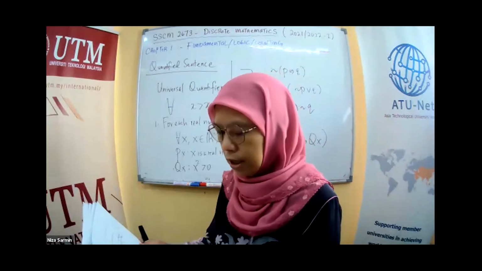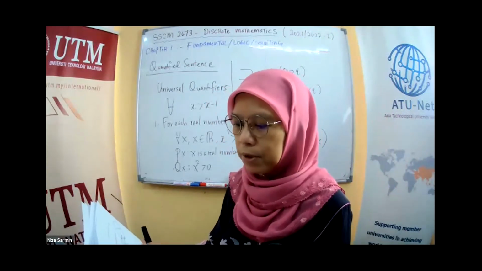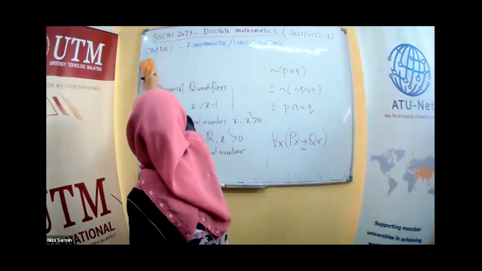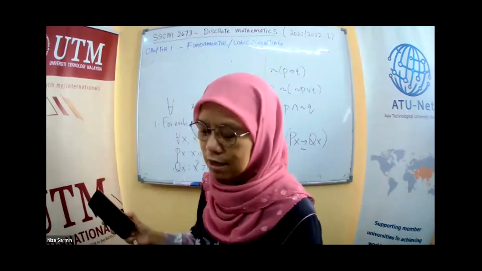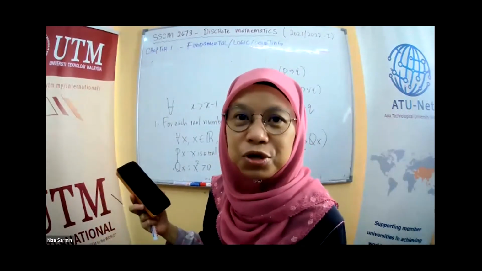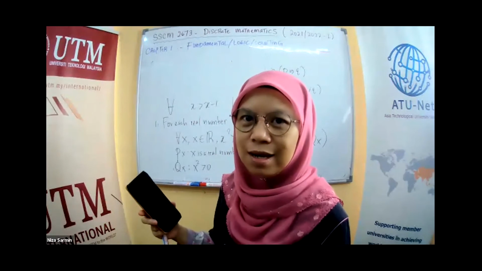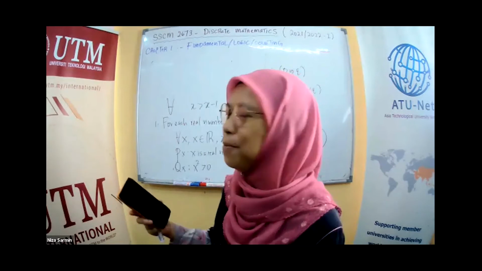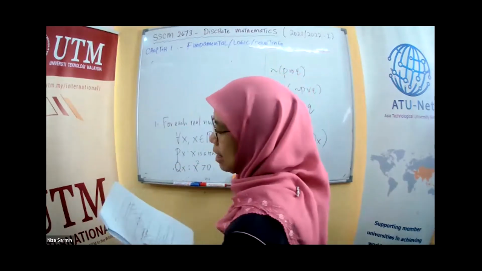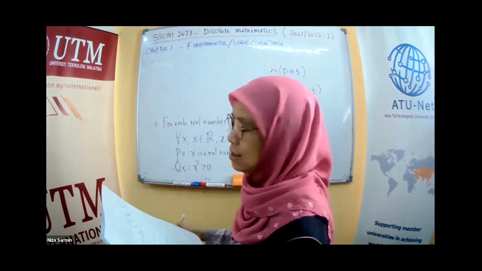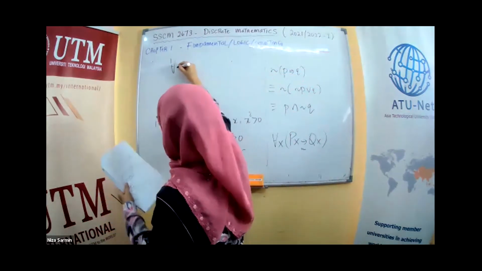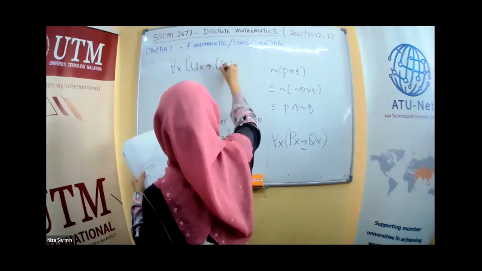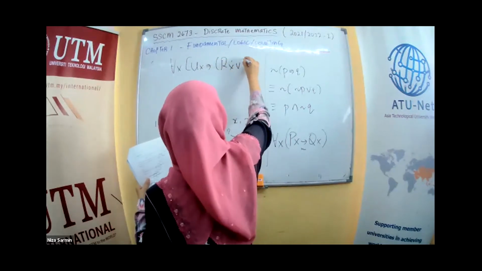Okay. The next one is example 115. This is quite important: to write in a natural language, not a directly translated mathematical sentence. So for all x, Ux implies Rx or Sx.